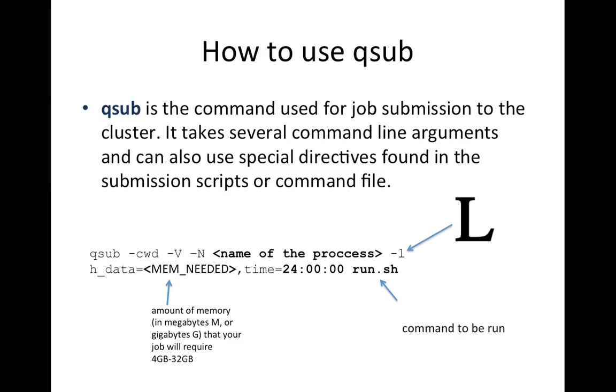So it's important to give a name so that you know which job is running, which finished, and so on. Then you need to provide the two things I mentioned: the amount of memory you want to ask for and the number of hours you want your job to run. And then the command itself, for example mapping the reads onto the genome, will go to this run.sh script.